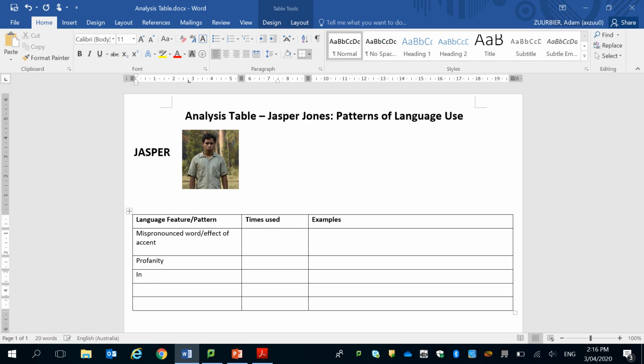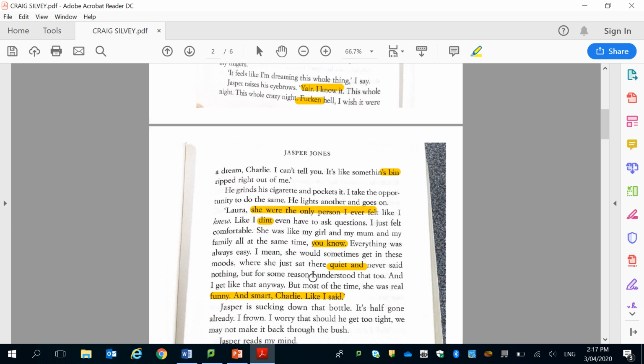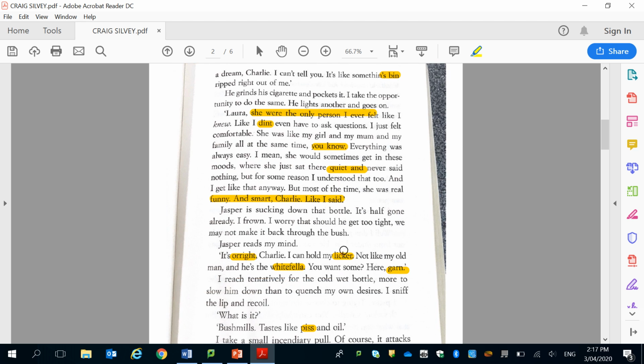Incorrect grammar, syntax. Okay, and we've got here another mispronounced word. So 1, 2, 3, we've got 3 of those, 4, 5.